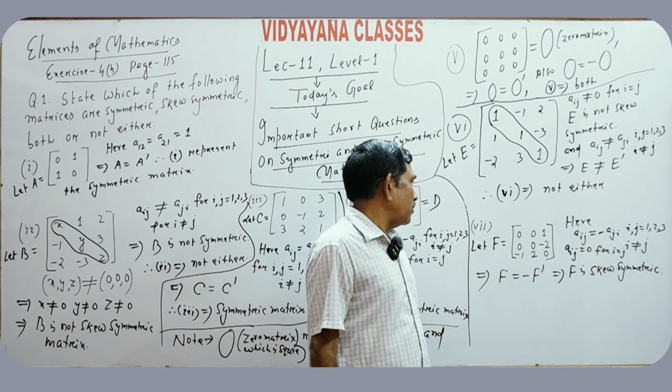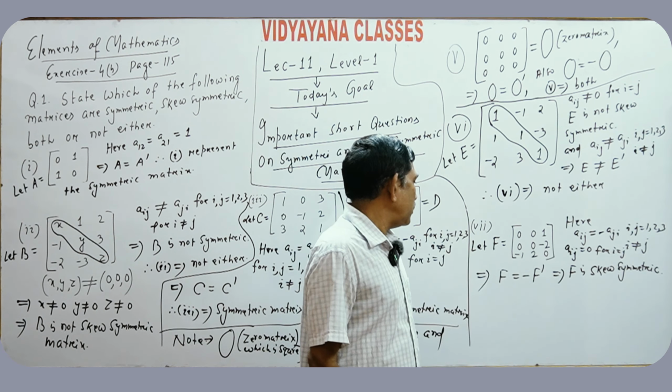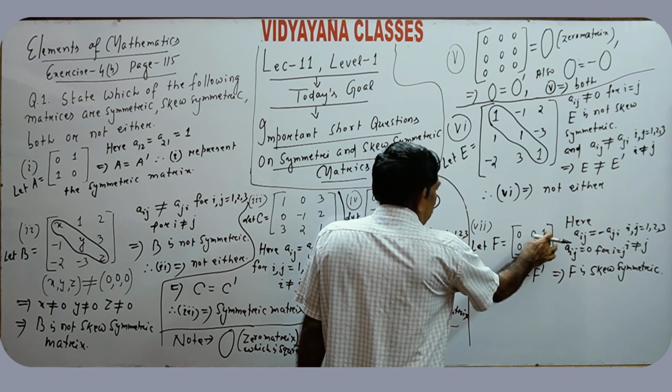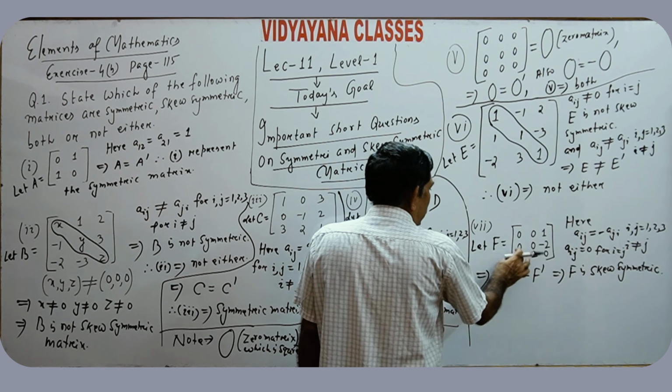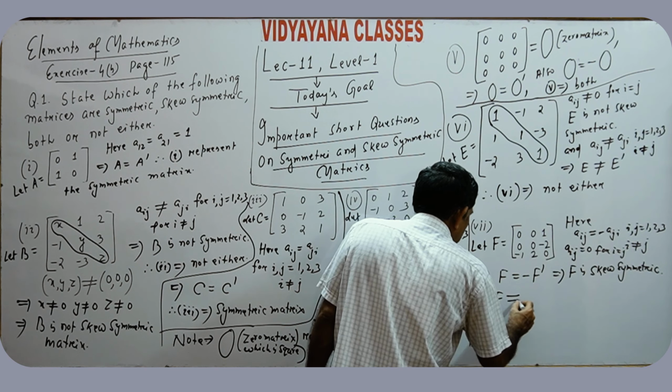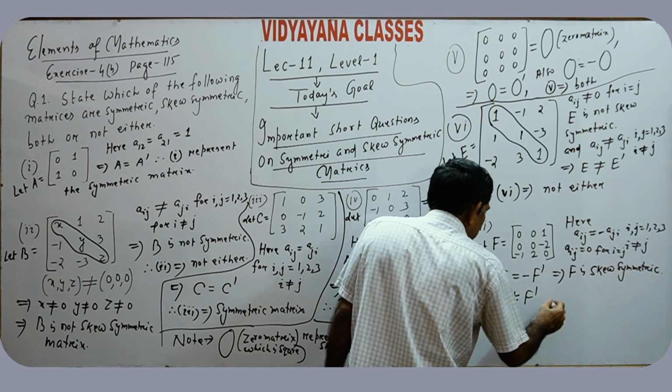Is it symmetric or not? It is only skew symmetric. A13 is not equal to A31, so F is not equal to F transpose.